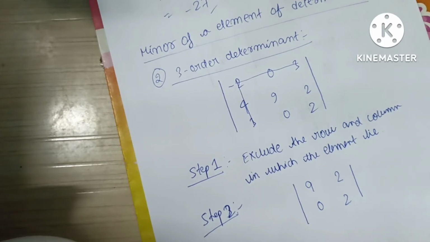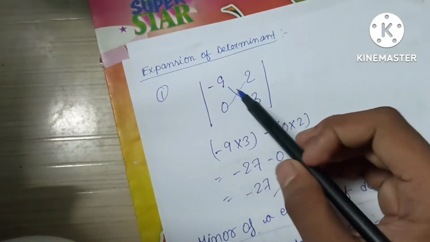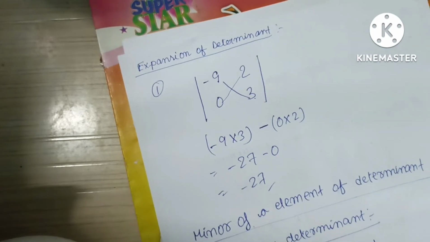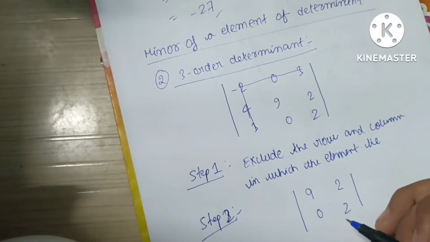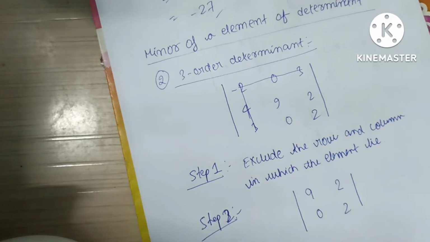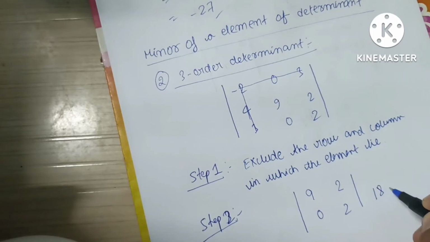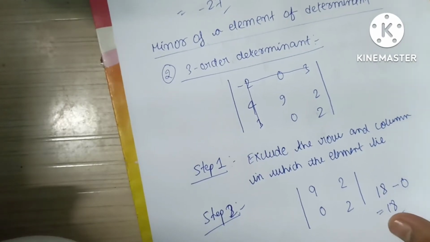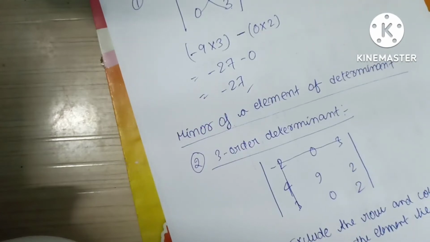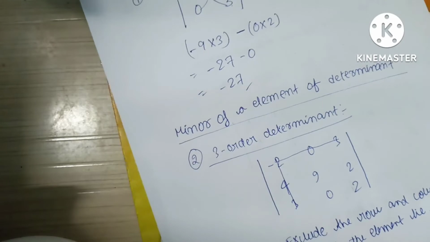We just multiply the diagonals with a negative symbol. So what is the minor of the element minus 2? It will be 18 minus 0, that is 18. So the minor of the element minus 2 is 18.